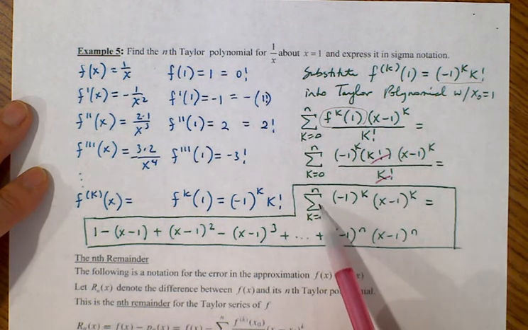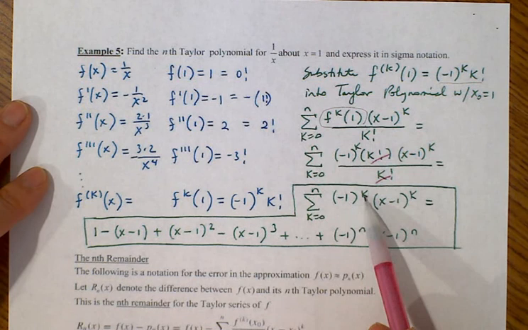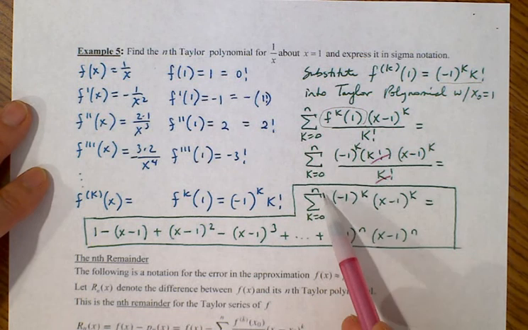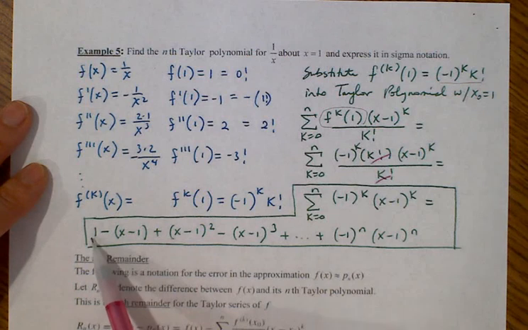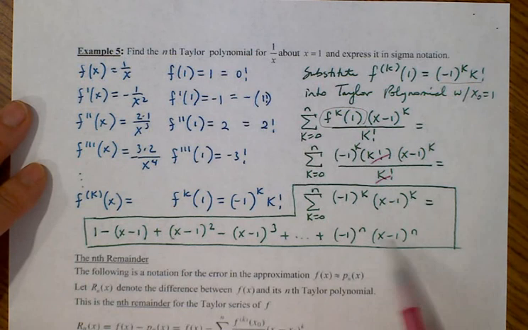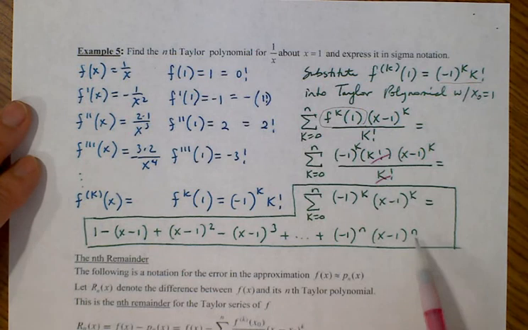And so I end up with the summation of negative 1 raised to the k times x minus 1 to the k power, as k equals 0 out to n. And if I were to write it out, this is what it would look like. I have 1 minus quantity x minus 1, and then all the way out to my nth term, which is negative 1 to the nth power times x minus 1 to the nth.